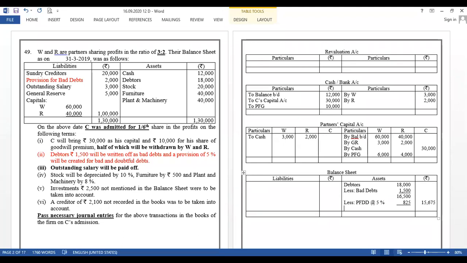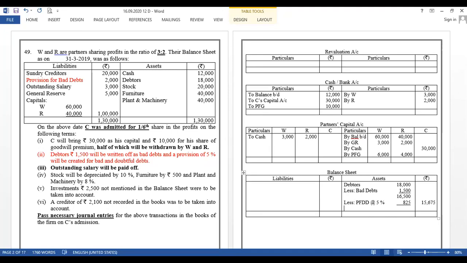Now, because I have marked it red, you can see that provision is generally shown by way of deduction from debtors on the asset side of the balance sheet. But if it is not shown, then it may be shown on the liability side also. On the liability side, you can see that provision is there, 2,000. Now, how do you treat this particular part? Provision is made for losses in the future, right?